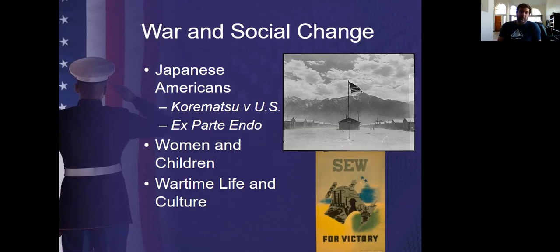But one of the big changes that happened was the growth of government-supported daycare. Many defense plants figured that they lost hundreds of thousands of working hours when women took days off to either care for children or to do things that they're still responsible for. As oftentimes these women are in charge of their families, their husbands are now gone, and none of the responsibilities of their families goes away.